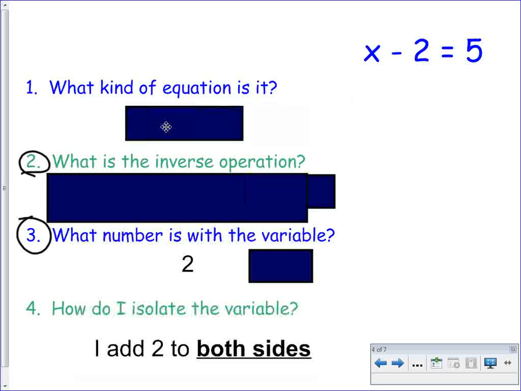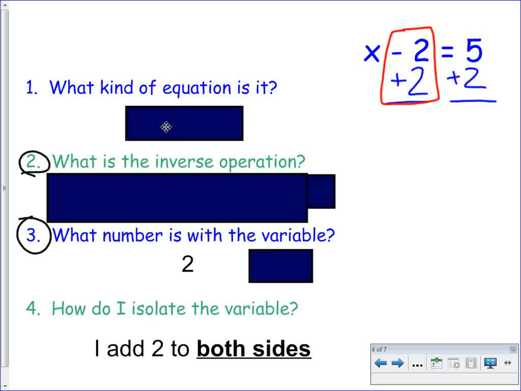So now we're actually going to do this together. Make sure you write down x minus 2 equals 5 in your notes. And now we're going to add 2 to both sides, just like we said. So we're going to add 2 to this side, and add 2 to this side. Now, this problem here is negative 2 plus 2. Remember, we use the minus sign.